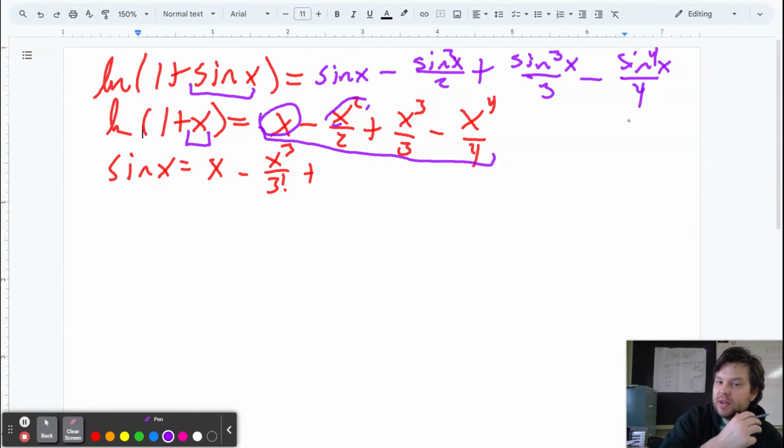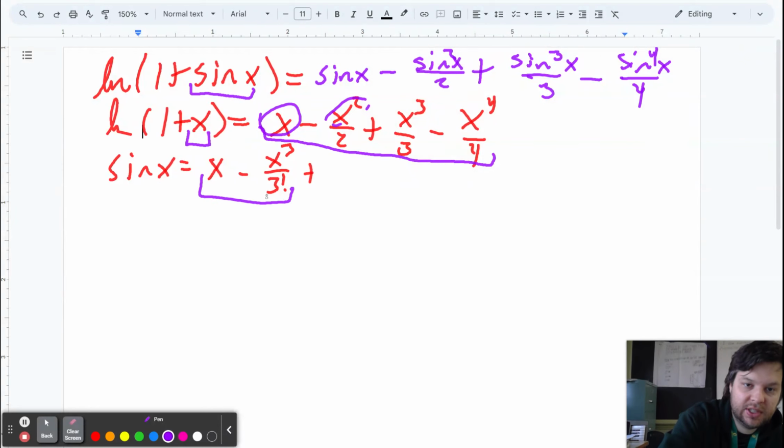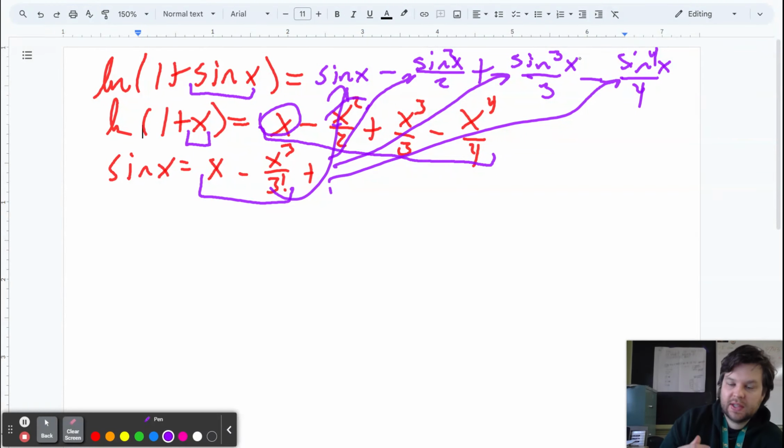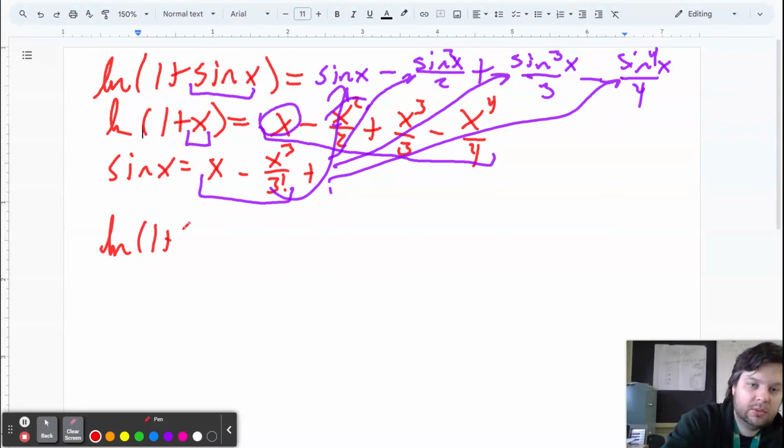And what I'm going to do is then use this version of sine of x to substitute in right there, there, there, and there. And this can get really nasty, but we're going to be very careful about what terms we actually calculate.